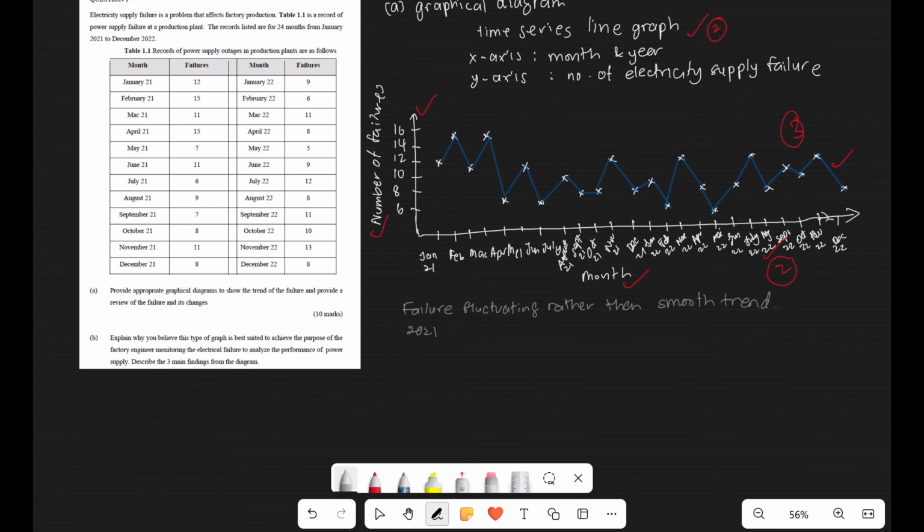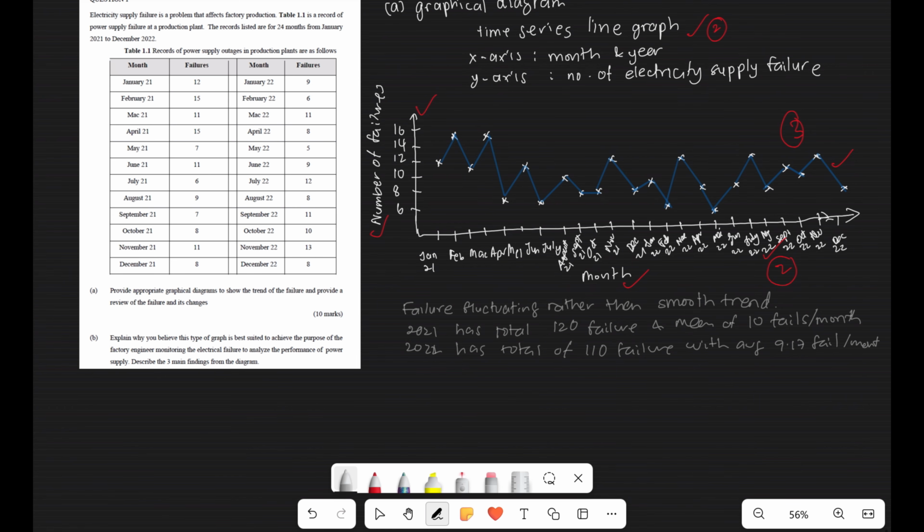Okay, 2021 has total of 120 failure and mean of 10 fails per month. 2022 has total of 110 failure with average 9.17 fail per month.